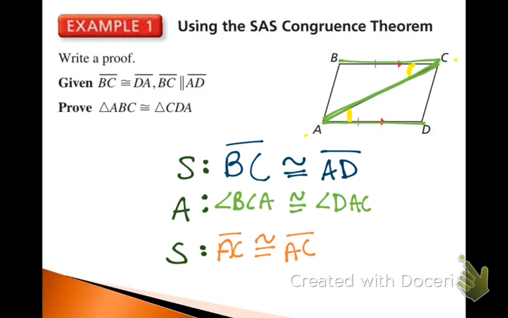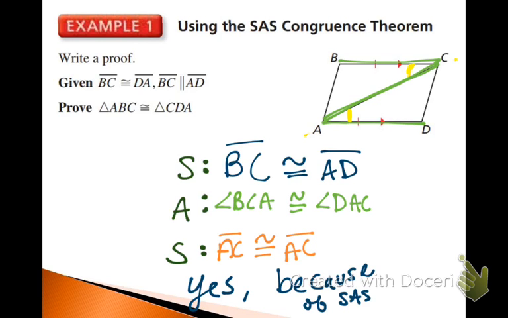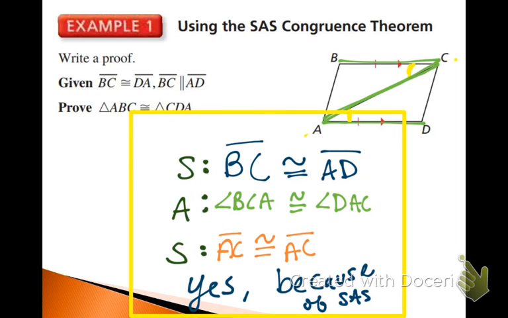Side angle side is enough to prove that these two are congruent. So you're going to say yes because of side angle side, and you're going to circle all of it. I found 2 sides that were congruent, 2 angles that were congruent, 2 sides that were congruent, which is enough for side angle side.